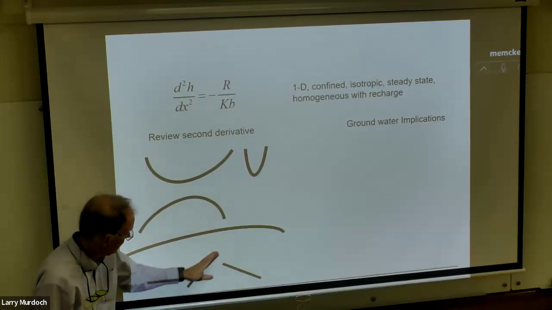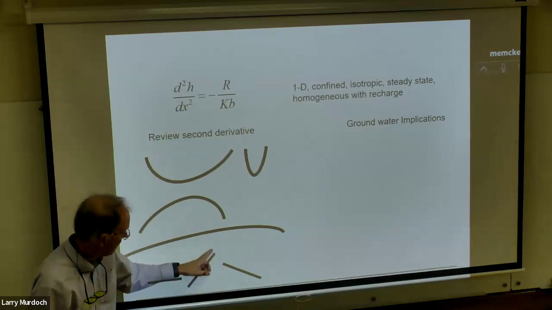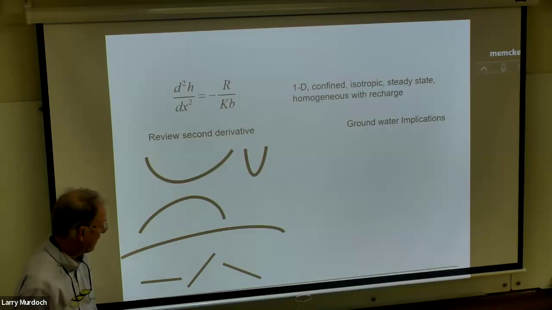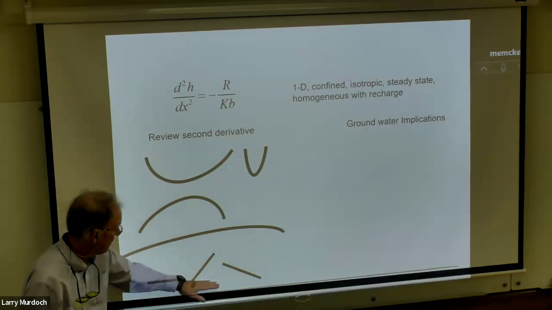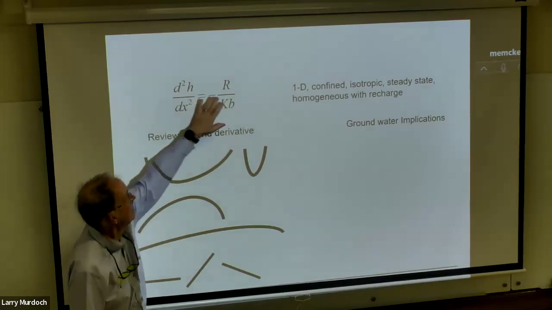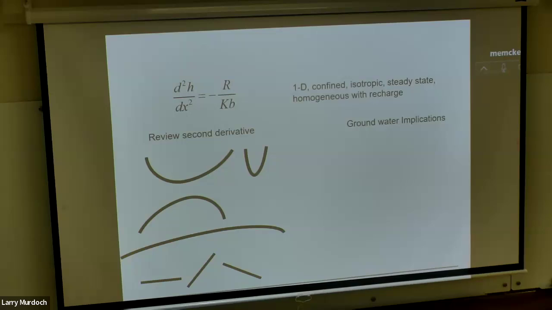The slope is the same everywhere, so the flow is basically constant or uniform, and there's no recharge. So the second derivative is 0, recharge is 0. Okay, so that's basically what that equation is saying. It says how the hydraulic head must be changing, what the curvature would be like, based on recharge, conductivity, and thickness.